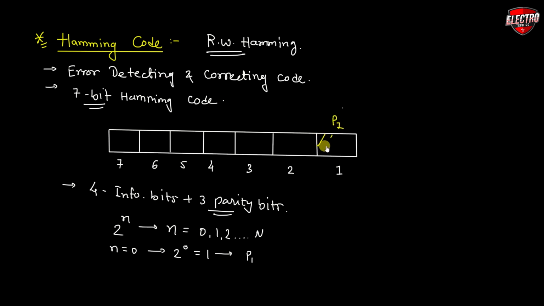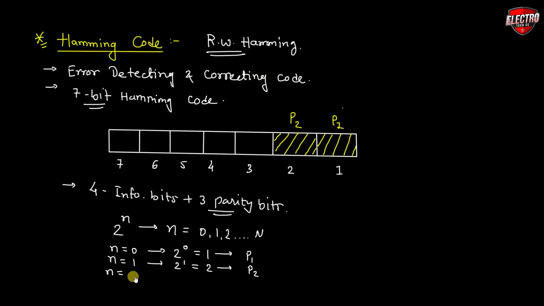So this place is used for parity bit 1. Now, if we place n equal to 1, then we get 2 to the power 1, which is equal to 2. That means the second position of parity bit is given over here, and the second parity bit is P2.